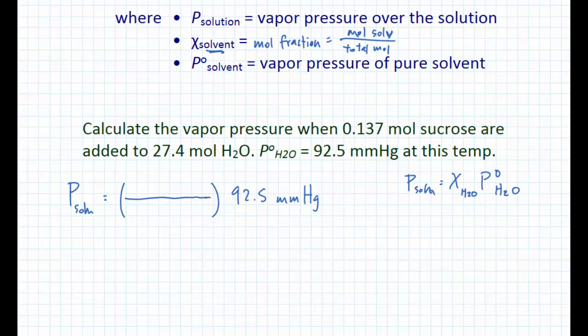How would we calculate the fraction of molecules on the surface that are able to vaporize? We're given moles of sucrose and moles of water. It's the water that does the vaporizing, right?